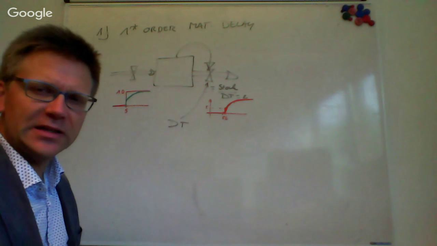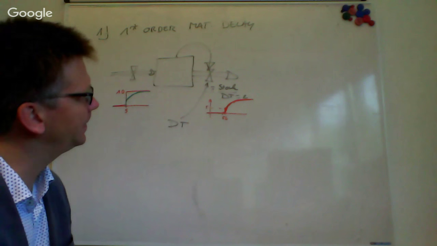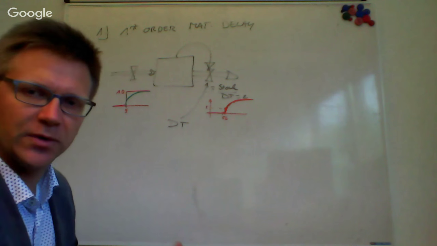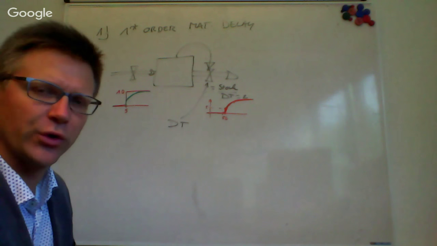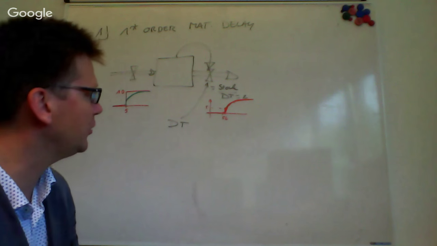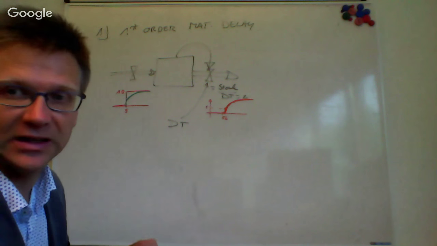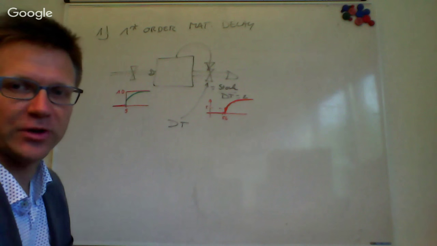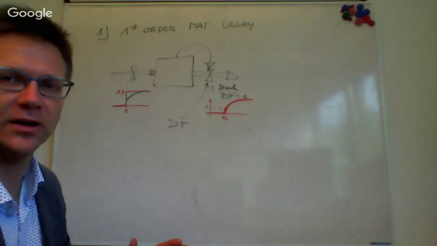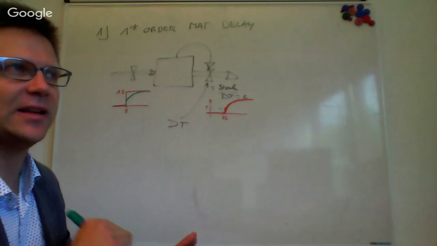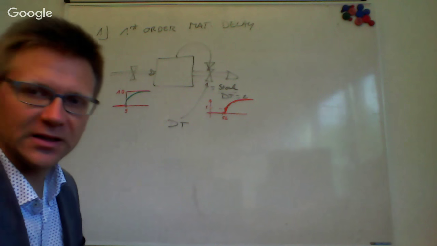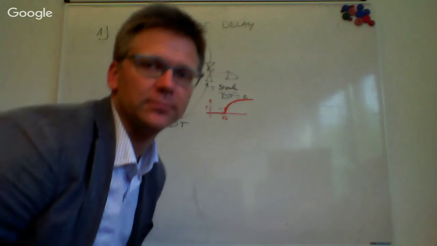That also means that there is some sort of delay, and this is not what you are used to when you're talking about delays. What you are used to is that the response is delayed by an exact, particular amount, and that it shows the exact input, but then delayed. That's not the case with the first order material delay.